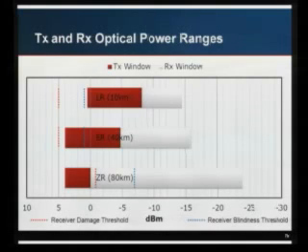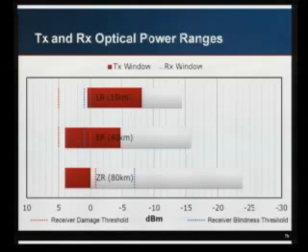So even though you could get all the way down to like a -7 signal out of an LR and still be acceptable, for the most part you're going to see about -1, -2, -3. And the things that are on the very low end are maybe 10% of what they ship. But they have what's called an optical budget, which is the difference between the lowest that they will ever ship a transmitter and the lowest that it can receive a signal. And the difference between the two is where they set the 10 kilometers.